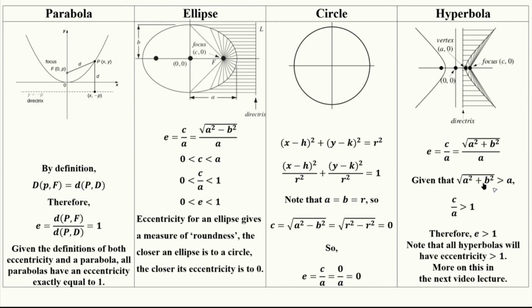So now you're adding some positive quantity to that. So of course this square root is going to be larger than a. So therefore c over a is going to be some number which is larger than a divided by a. And that's always going to be a result which is greater than 1. Therefore, for all hyperbolas, the eccentricity is going to be greater than 1.